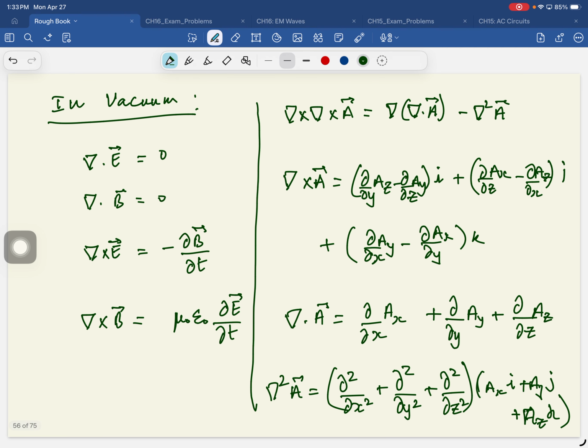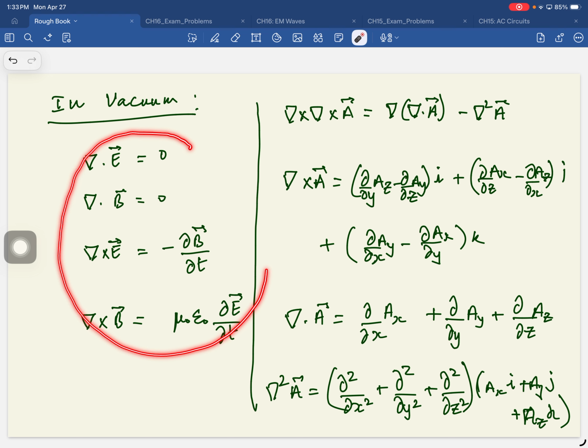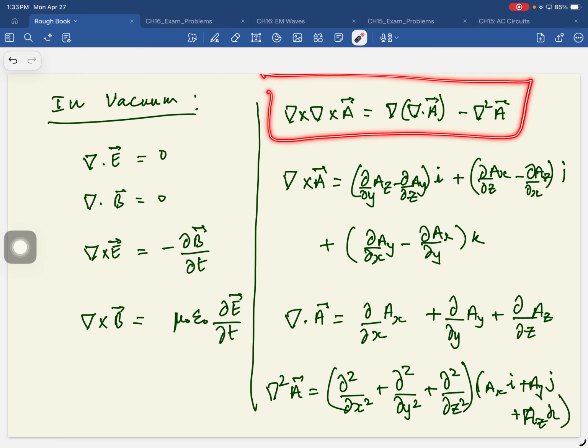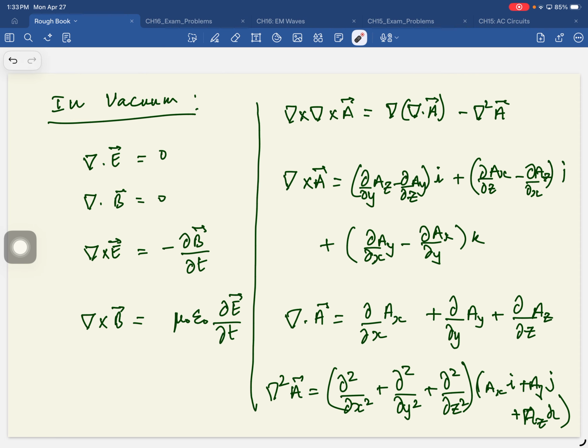This is equal to minus epsilon naught mu naught del square E by del t squared. What is the left side? We are going to use that vector identity for the curl of the curl of a vector field. Remember, it's the gradient of the divergence of the electric field minus del square E, and that is equal to minus epsilon naught mu naught del square E by del t squared.